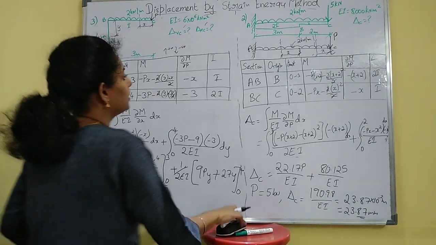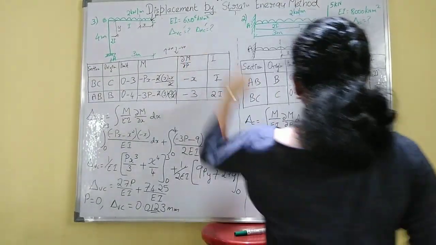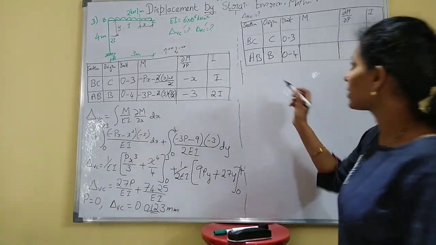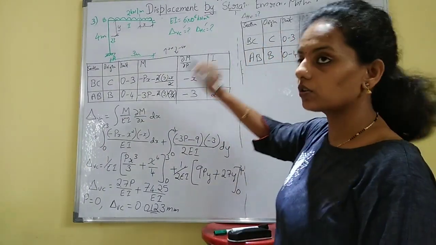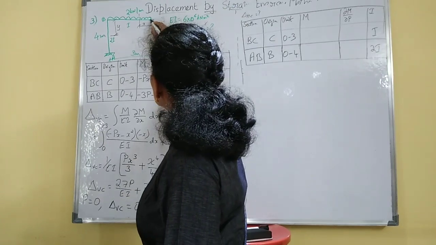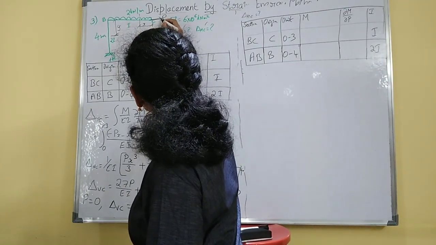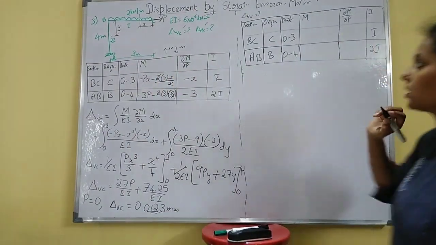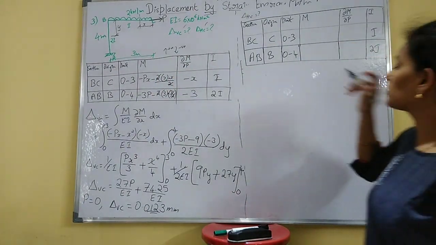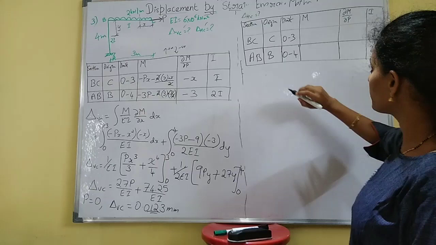Okay. Next, to find delta Hc, we have to find the horizontal deflection. So just assume a dummy load P horizontal. Now referring to the diagram, find the bending moment.